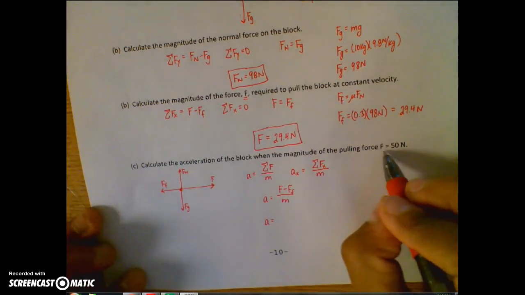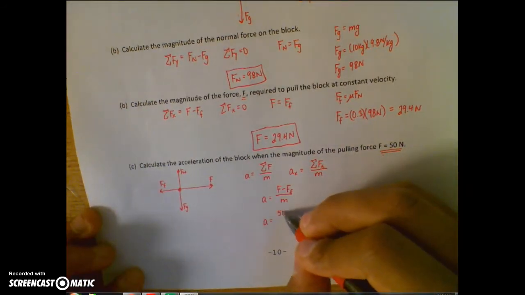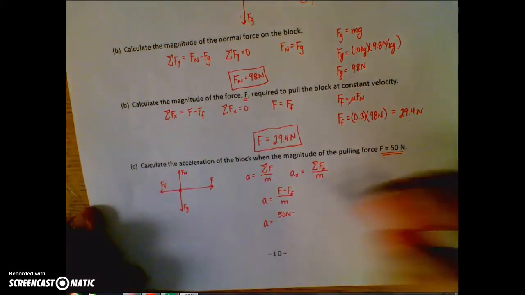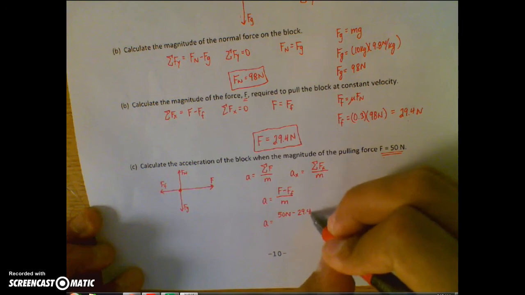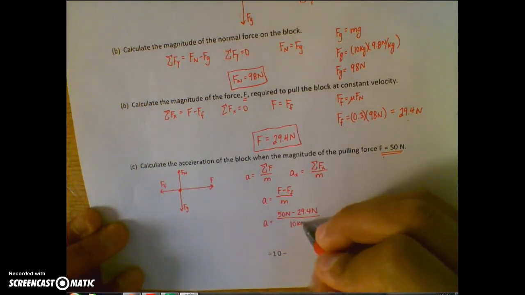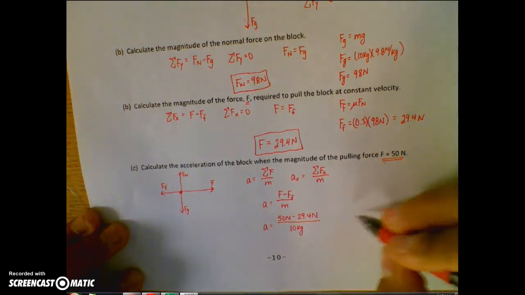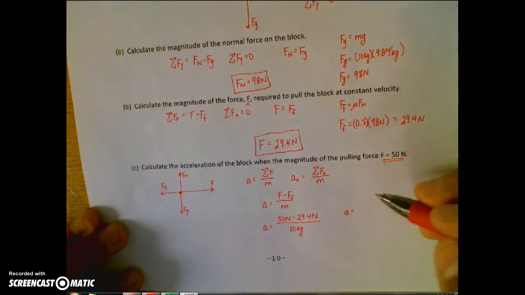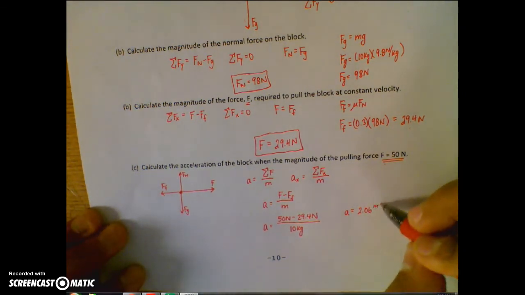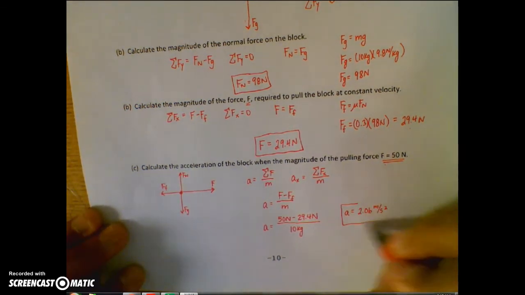My force then now is 50 newtons. My frictional force, which we found up here and stays the same, is 29.4 newtons. And the mass of the object, as it said at the top, was 10 kilograms. So then the acceleration of the block with that force is 2.06 meters per second squared.